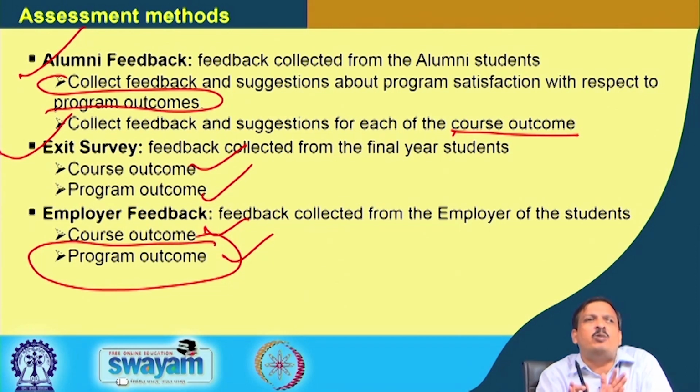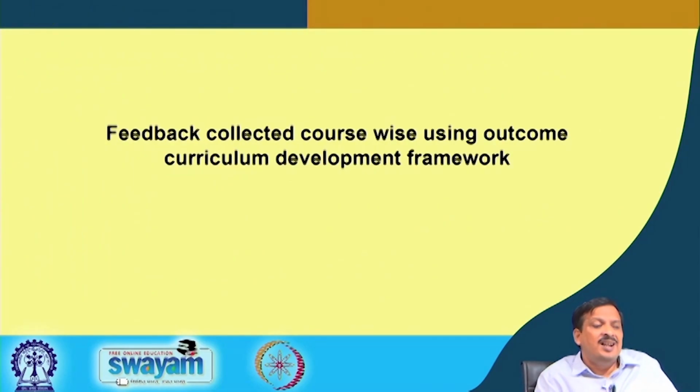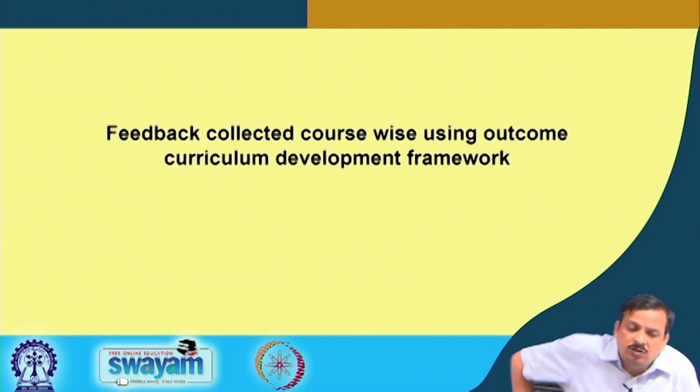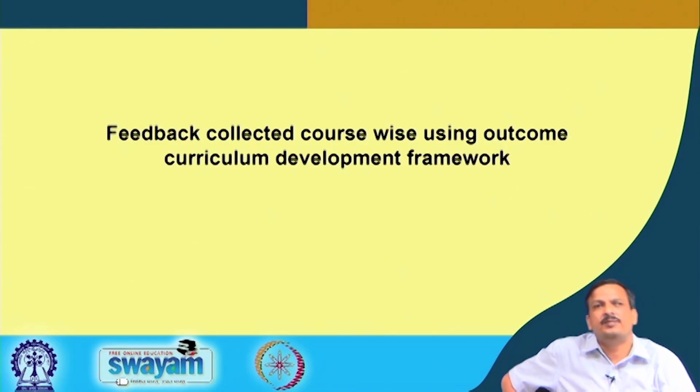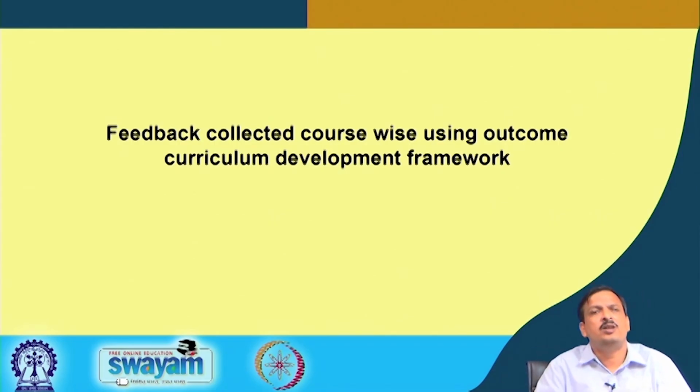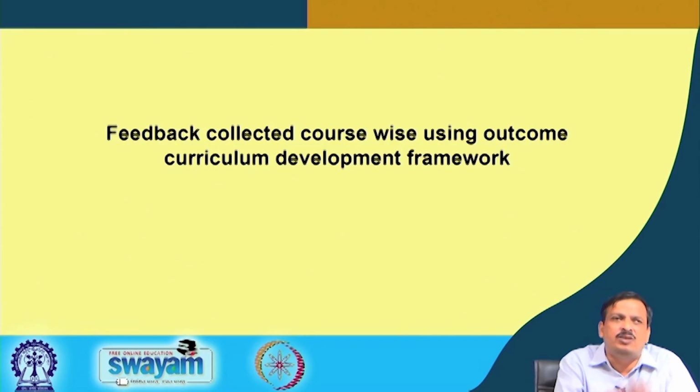So, how do you calculate the feedback attainment in case of the indirect method? Let us collect the feedback course wise. How do you collect feedback course wise? What I said at the beginning of this course is that this course talks about how to implement NBA in the classroom.